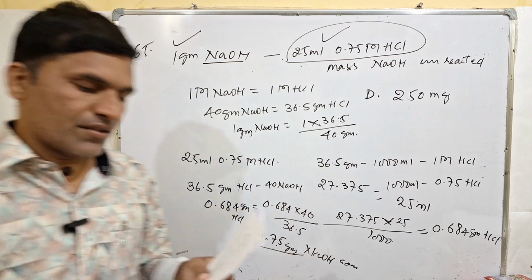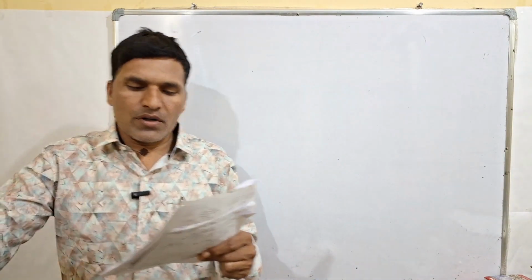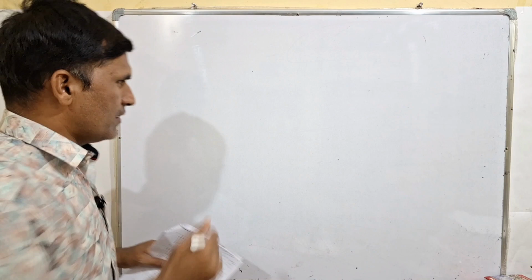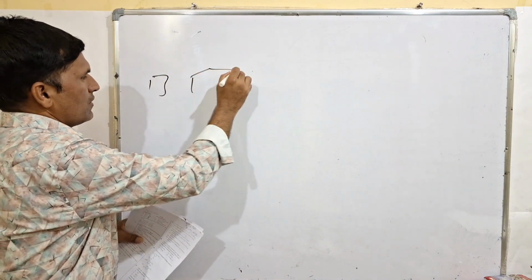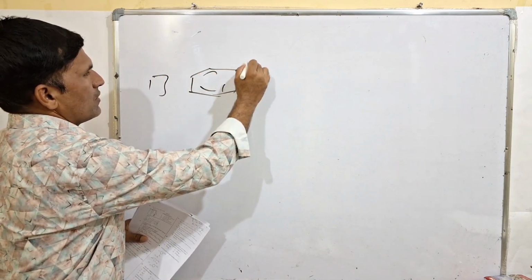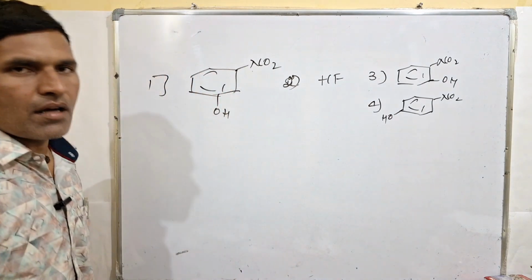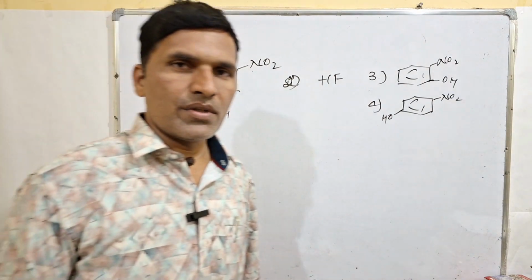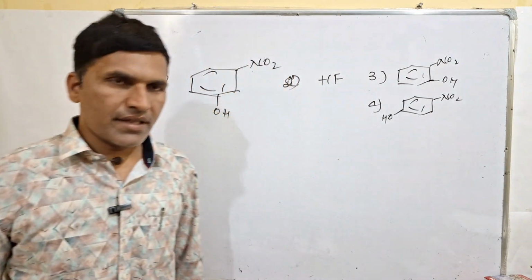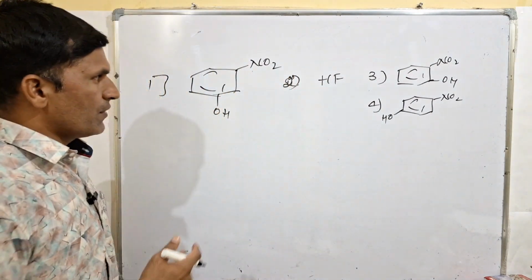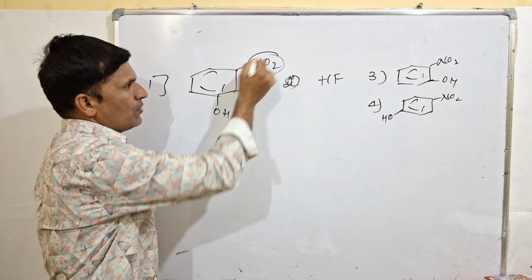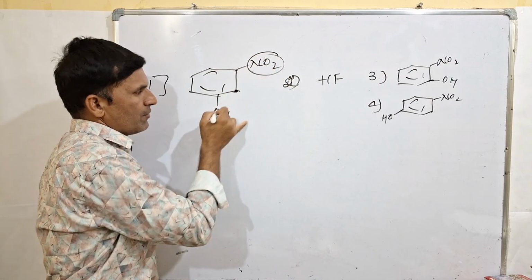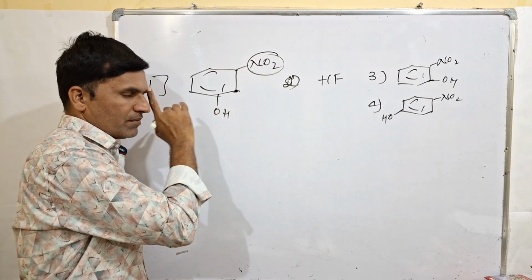Next, 66th question. Intramolecular hydrogen bonding is present in, the options given are, intramolecular means that hydrogen bonding forms within the molecule. Here the NO2 group is far away from the OH group, so there is no possibility.